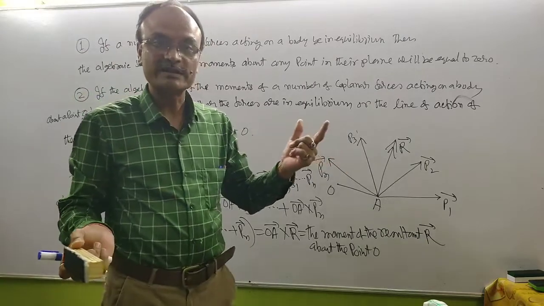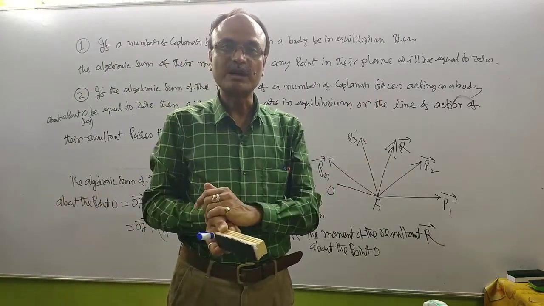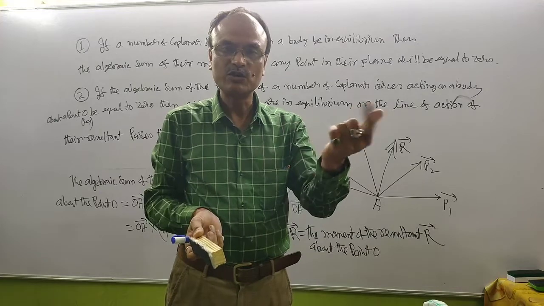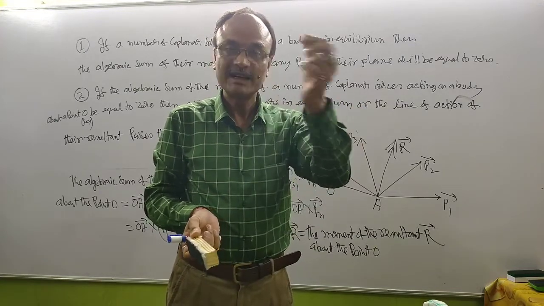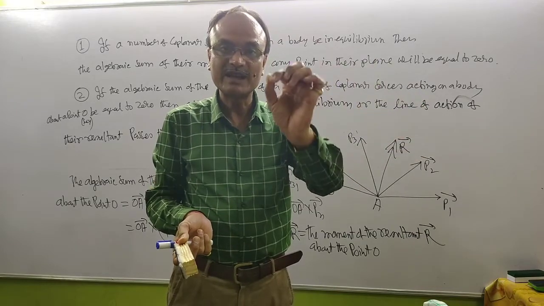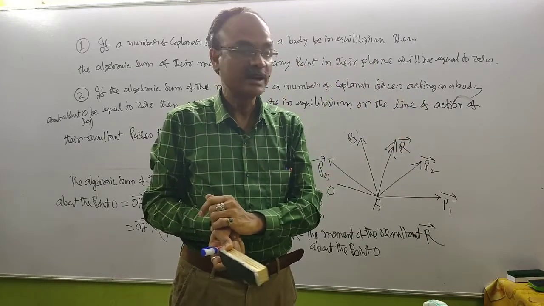The algebraic sum of the moments of a number of coplanar forces is equal to 0, given by Varignon's theorem on moments. The moment of their resultant should also be equal to 0.